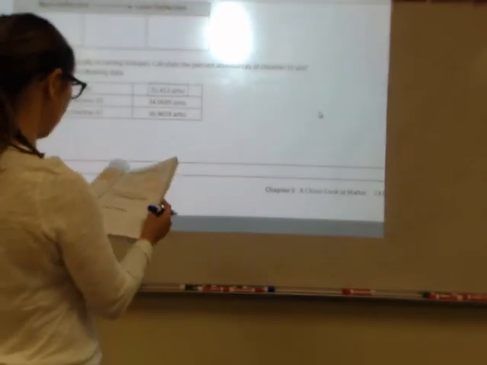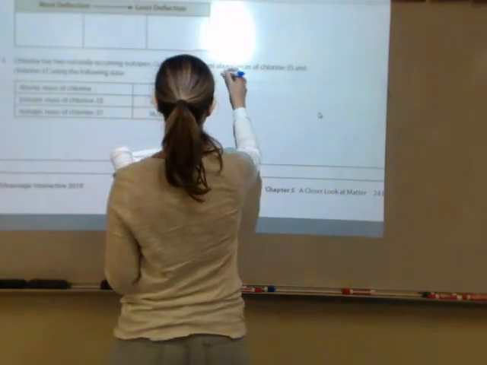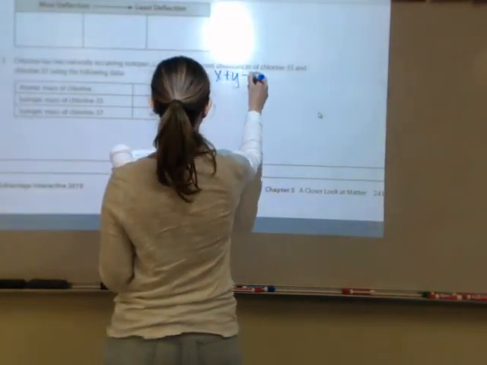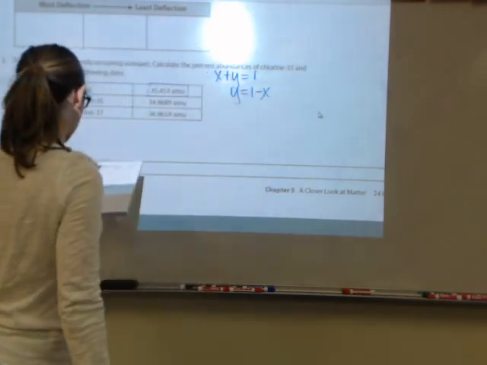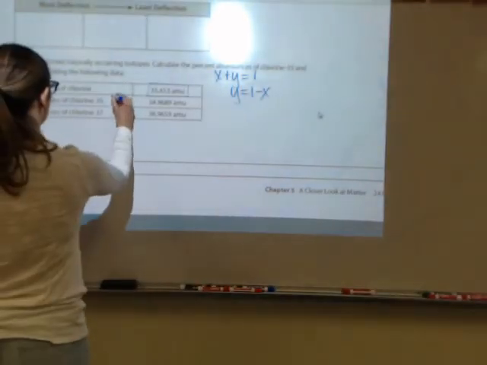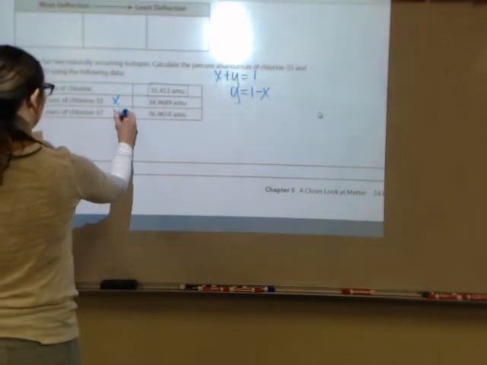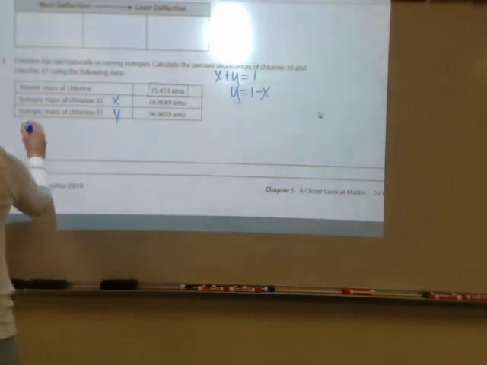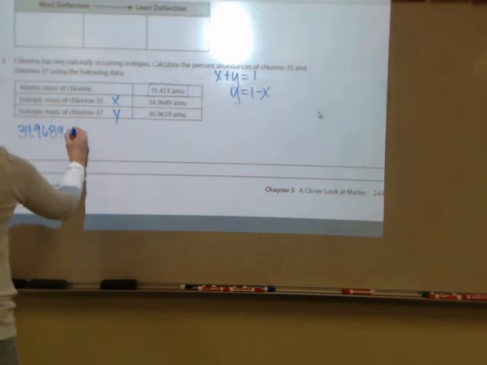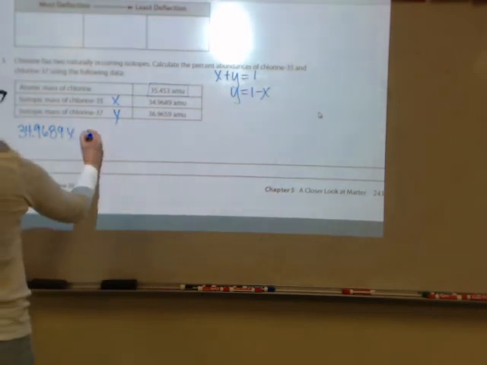So what I'm going to do is say that x plus y equals 1, and y equals 1 minus x. I'm going to label x as my chlorine-35 percentage, and y as my chlorine-37 percentage. I'm going to take the mass of chlorine-35 and multiply that by x, which is the percentage as a decimal.